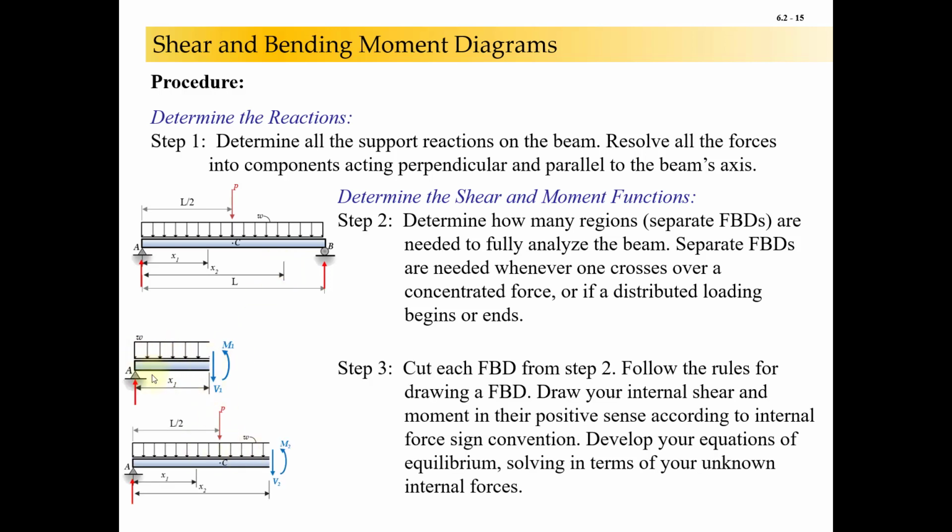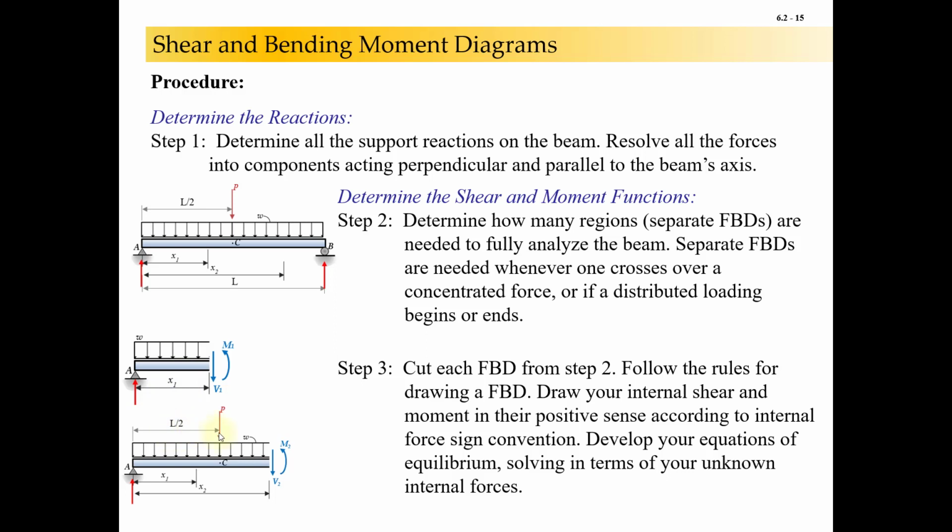Here's the first one, which is valid for this X1. The X1 and X2 are really all just x, but the subscripts help you remember whether you are in the first region or the second region for the applicable domain of x. We'll see it in an example here.